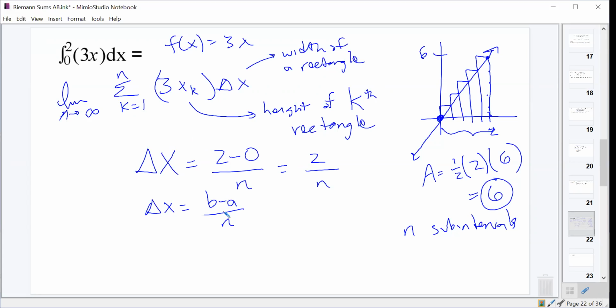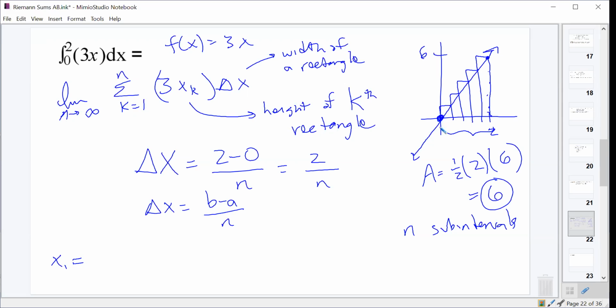Good. All right. So if 3 times x sub k is the height of our kth rectangle, and k goes from 1 to n, let's just start investigating at the first one. So when k is 1, what is x sub 1?